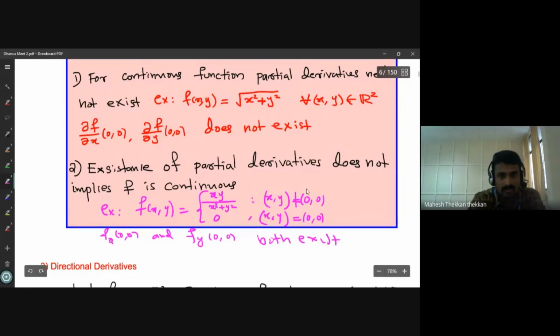We can approach (0, 0) along two different curves, y equal to x and y equal to 2x. This example we have already discussed.